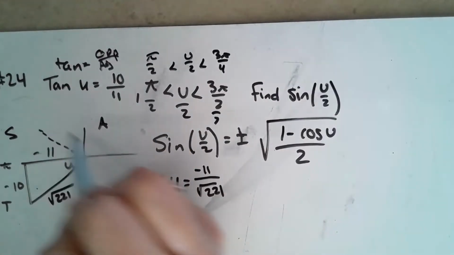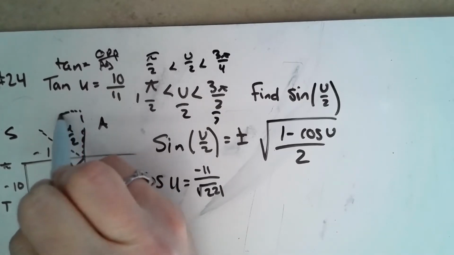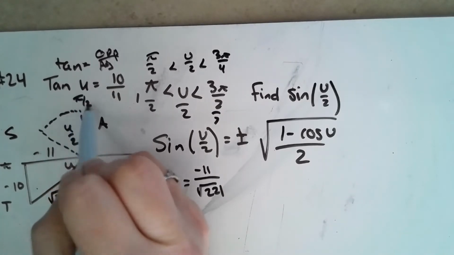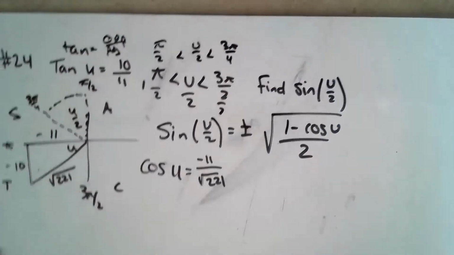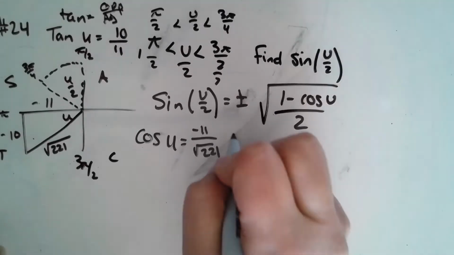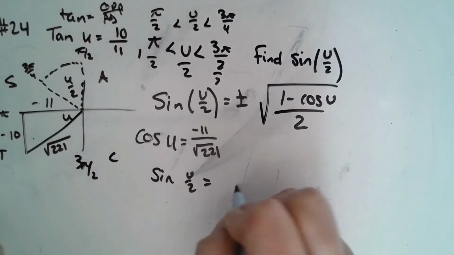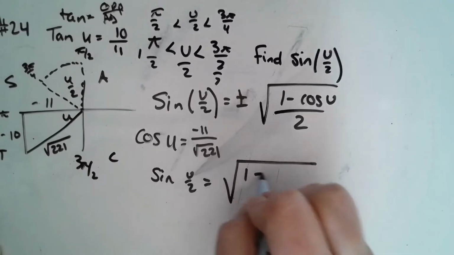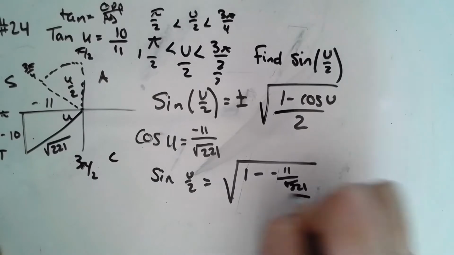So my new angle, u halves, is going to be between pi halves and 3 pi fourths, and we know in this quadrant sine is positive. So sine of u halves equals a positive square root of 1 minus -11 over square root 221, all over 2.